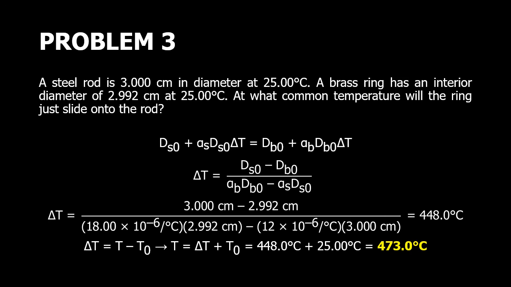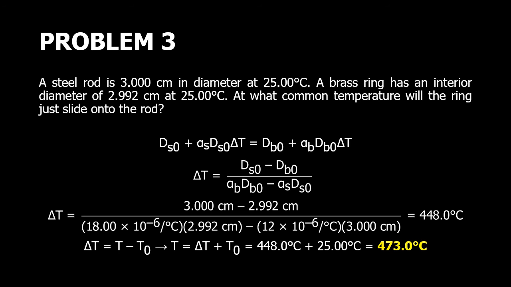By deriving the equation, we get delta T equals DS0 minus DB0 over alpha B DB0 minus alpha S DS0. We substitute the initial diameter of steel, 3 centimeters, and the initial diameter of brass, 2.992 centimeters.